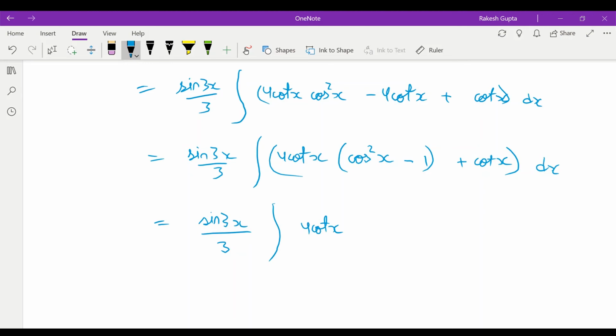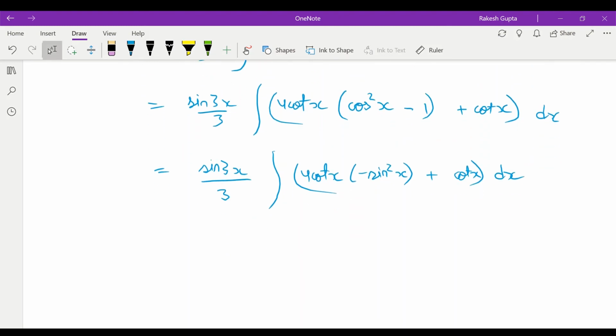Now cos square x minus 1, as we know that 1 minus cos square x is sin square x, so this is going to be minus sin square x. So cot x we know can be written as cos x by sin x. So one of the sin x from the numerator over here gets cancelled with the one in the denominator.